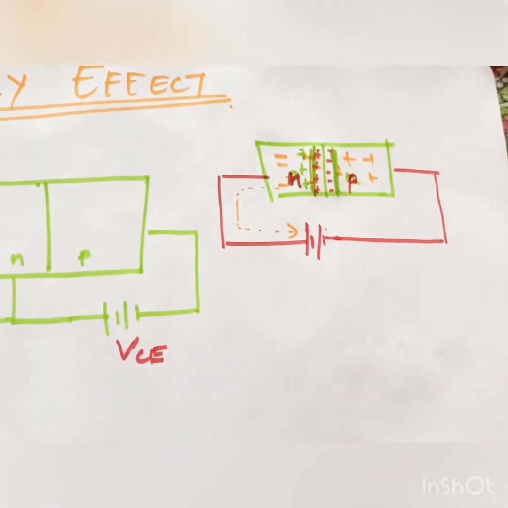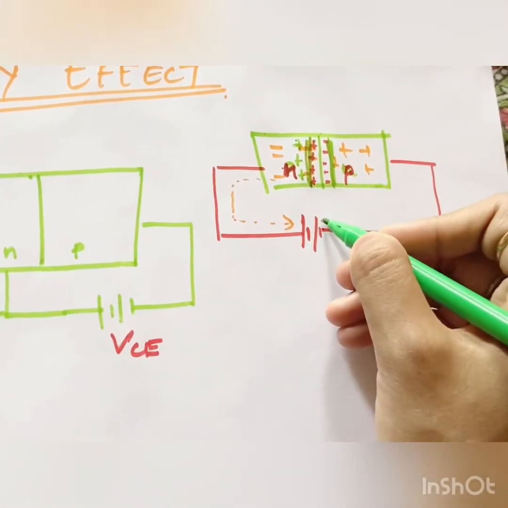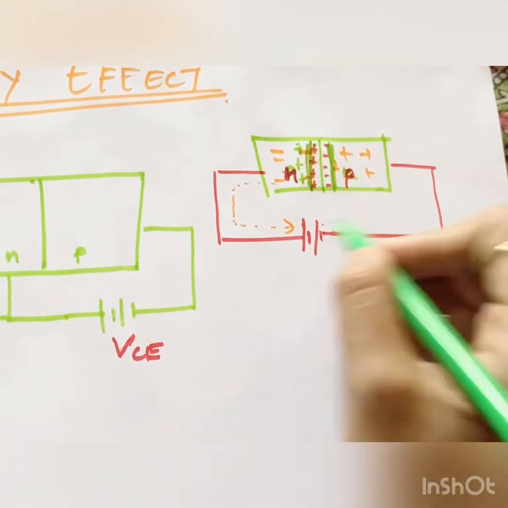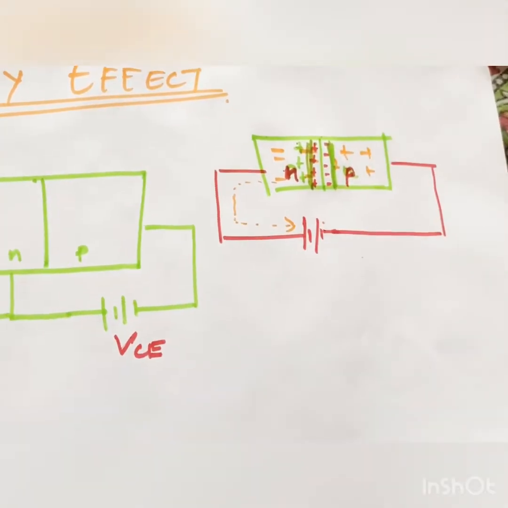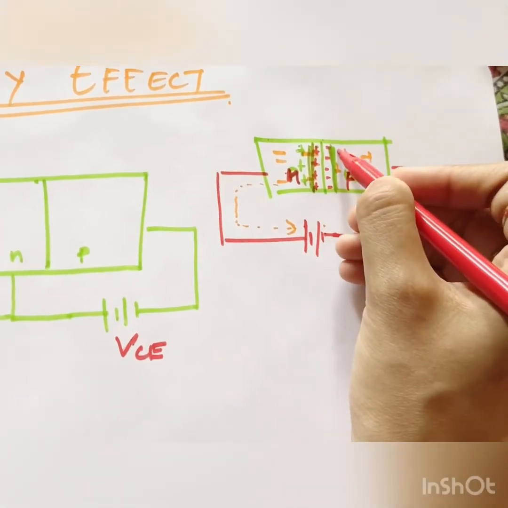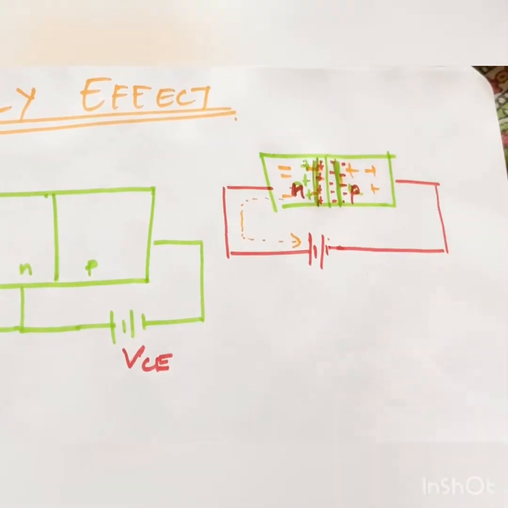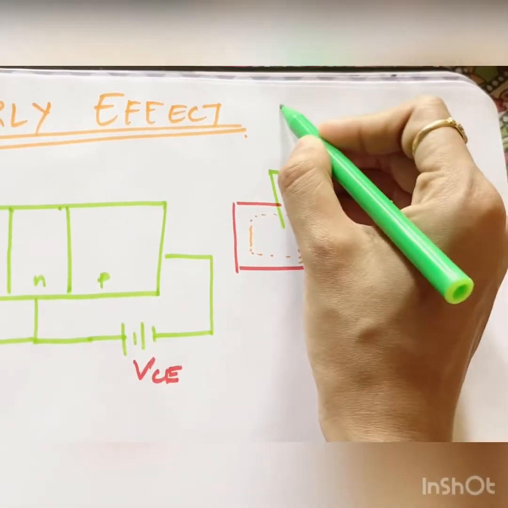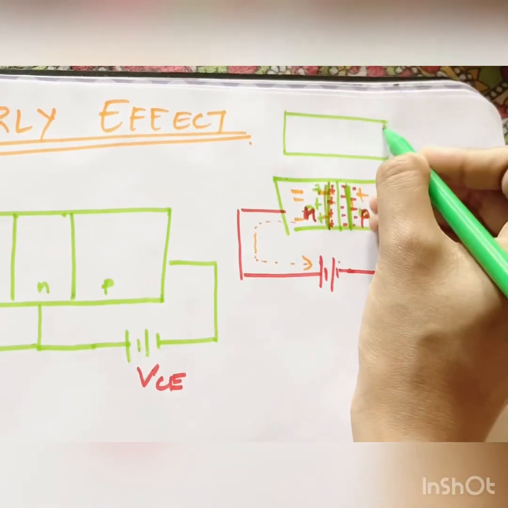Here the electrons are being attracted by the positive terminal, so more positive charge will be accumulated. And here the positive carriers, the holes, are attracted by the negative terminal, so more negative charge is accumulated.